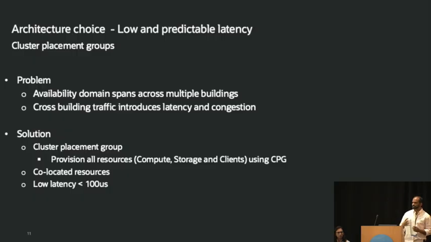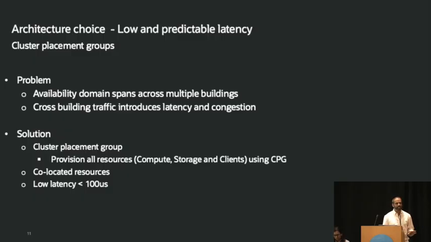And this is how we achieve low and predictable latency. As I mentioned, in an availability domain or availability zone, you have multiple buildings and you can have higher latency, sometimes variable as well. So we have a concept called cluster placement groups.